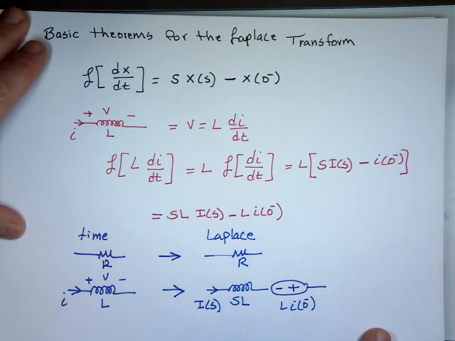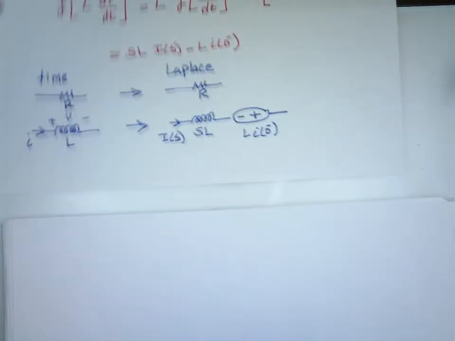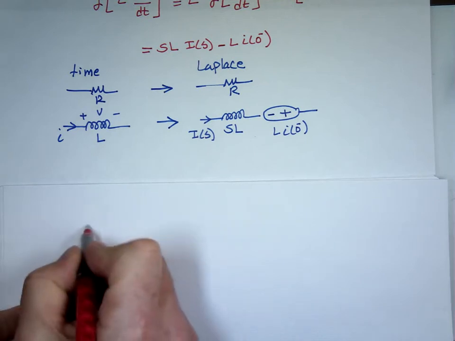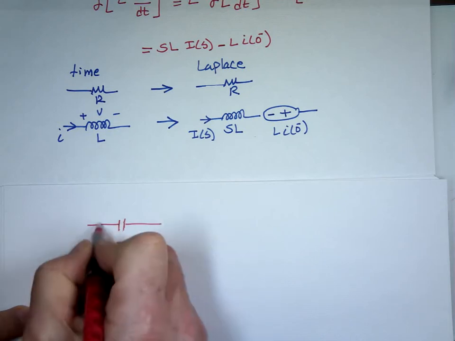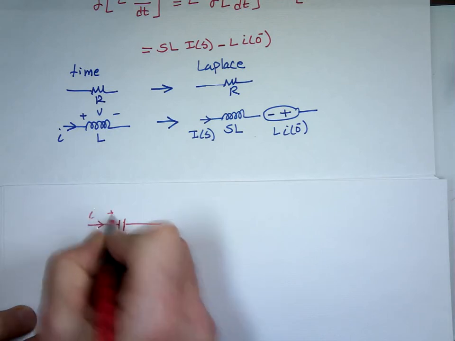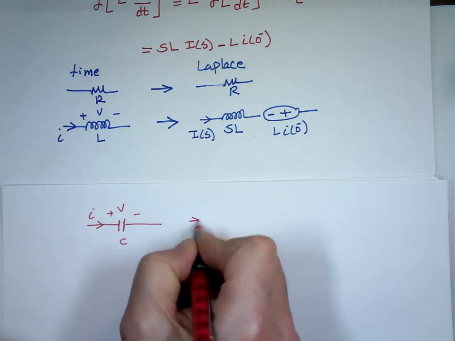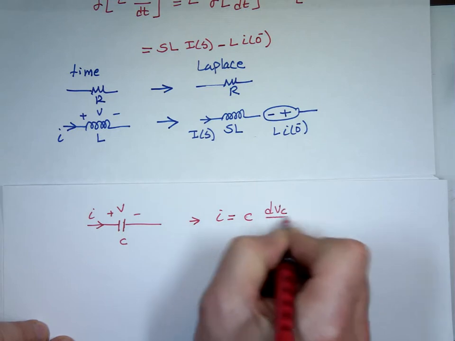Now, what about if you have a capacitor? Let's look at a capacitor. Again, this is the current I, this is the voltage V, and this is C. We know from this I equals C dVc dt.